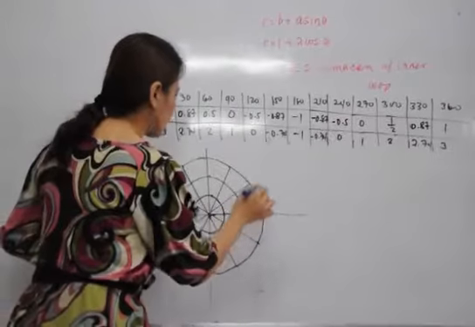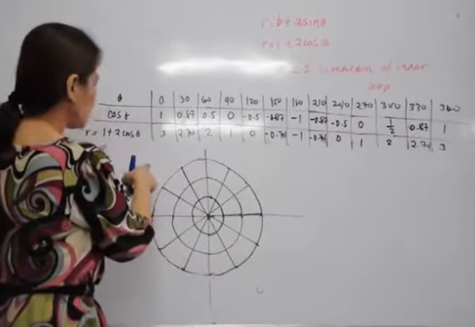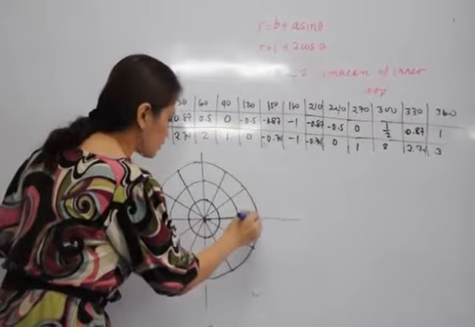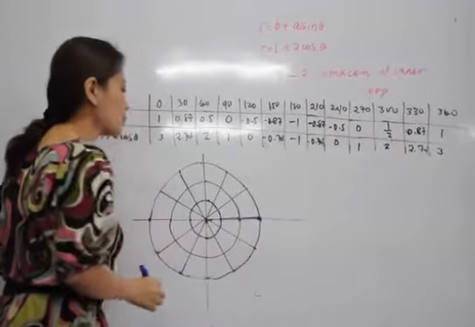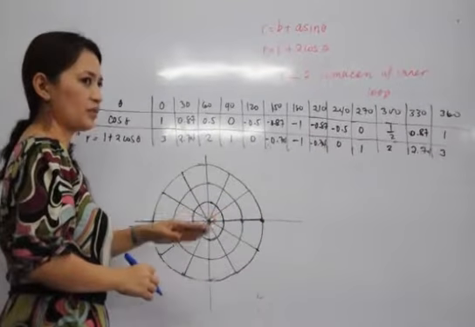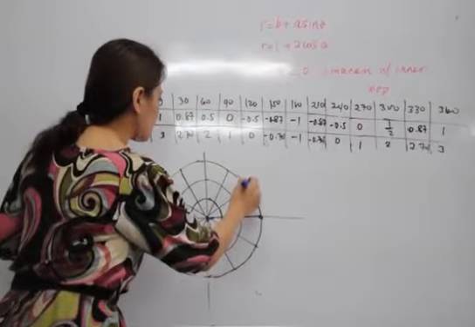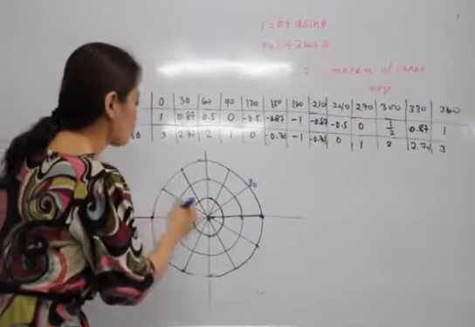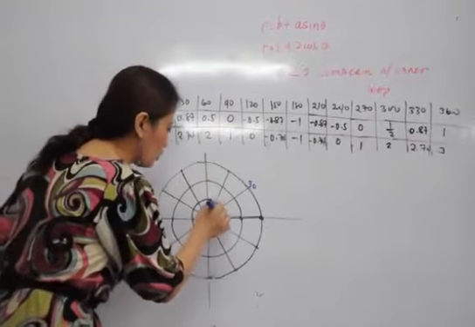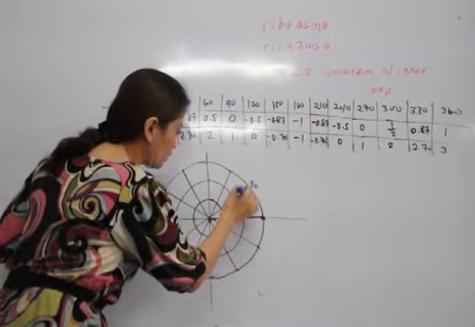Now, if the angle is 0 degrees, then the radius is 3 units. Since the radius is positive, the radius must be alongside the terminal side of the vectorial angle. If it is 30 degrees, the radius is 2.74, again positive, so it is around here.